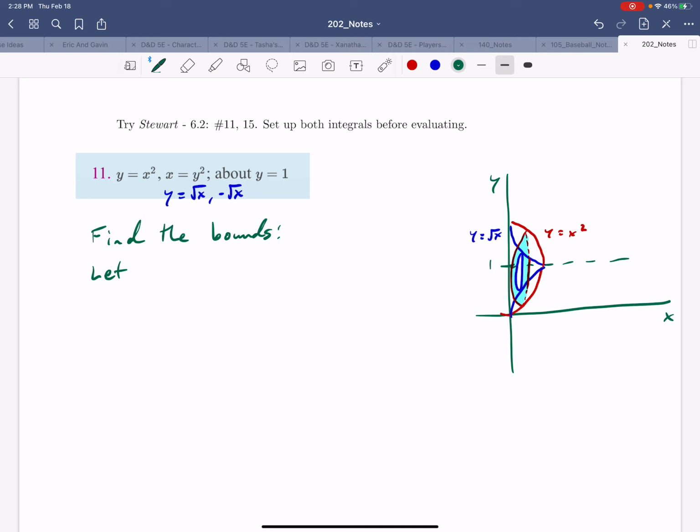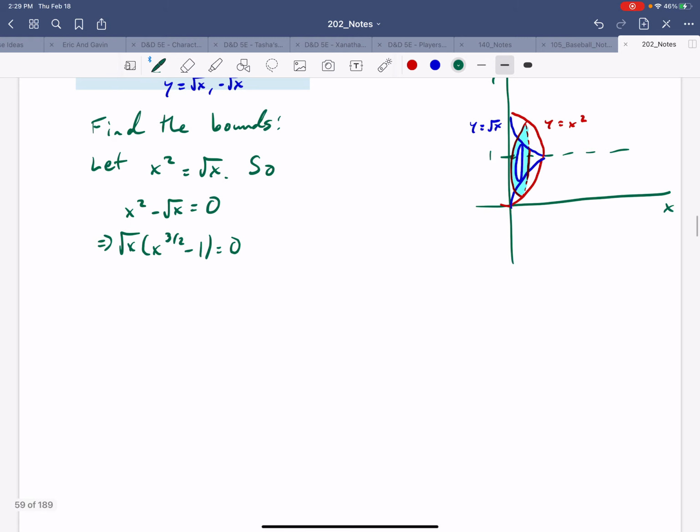x squared equals the square root of x. So you want to subtract them, so you get x squared minus the square root of x equals 0. You can then factor out square root of x. And if you know a little bit about factoring, you can actually factor this a bit further.